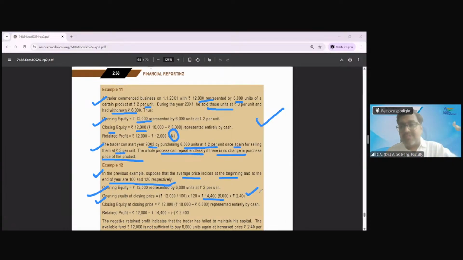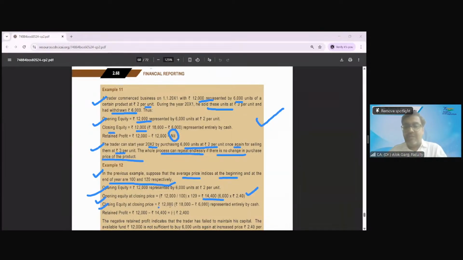In the first case your price was not changing. You are able to invest for 6,000 quantity. Again, you are able to maintain 6,000 quantity. But now since prices are increasing, if you want to trade in 6,000 quantity, you need a capital of 14,400.